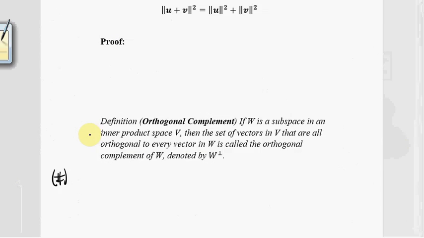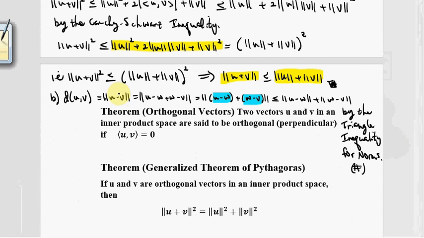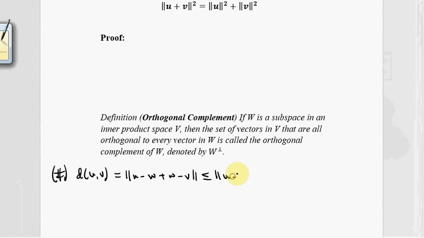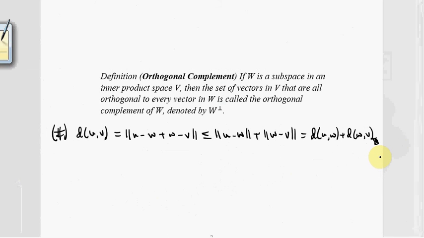What I started with was the distance between u and v, and we have that this is equal to the norm of u minus w plus w minus v, and this is less than or equal to the norm of u minus w plus the norm of w minus v, and this is equal precisely to the distance between u and w plus the distance between w and v. So that's the triangle inequality for distances.